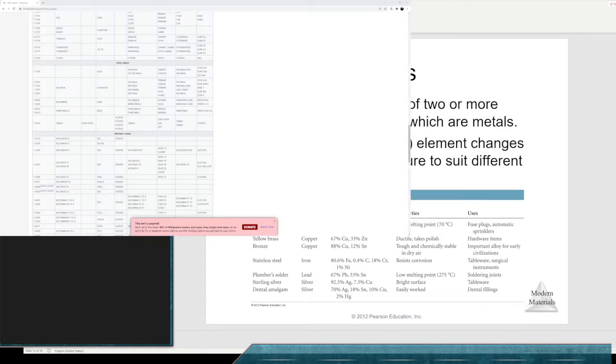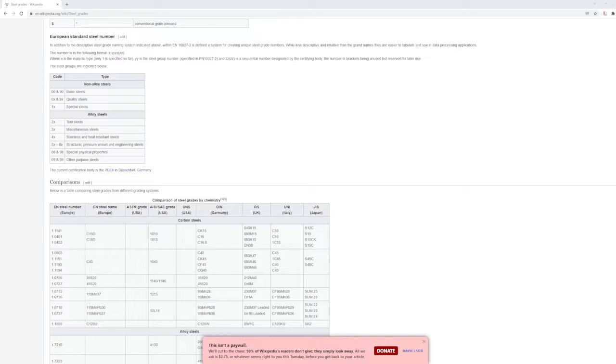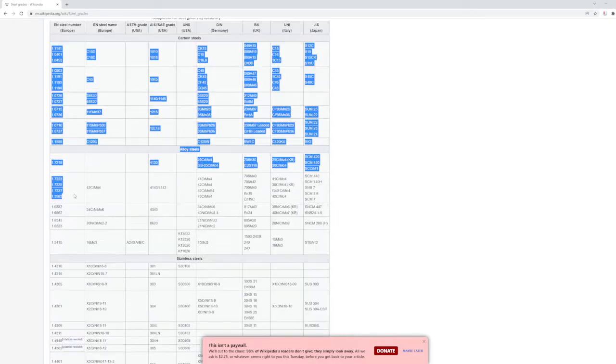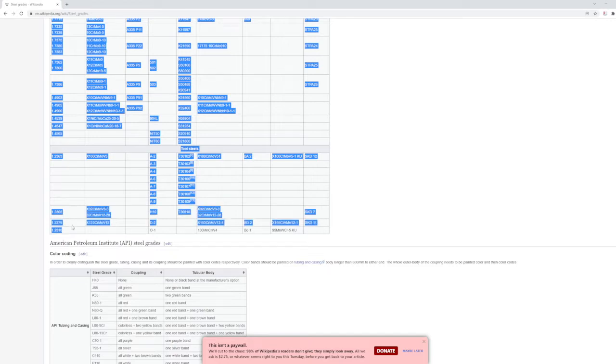So steel is a very, very important alloy, right? One that is super strong. So if you think about all of these steels in here, I don't know what these numbers mean, but the point is, if we take a look at all of these different ones, these all have various different properties.